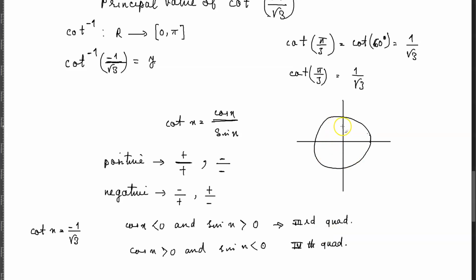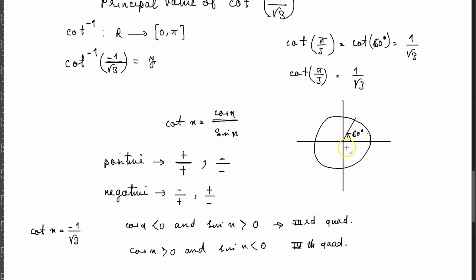But what I do know is that the cot of pi by 3, which is 60 degrees, so this is 15, 30, 45, and 60. This is 60 degrees. I know that the cot of this angle is equal to 1 over square root of 3, and the cot of the angle I'm looking for is -1 by square root of 3.